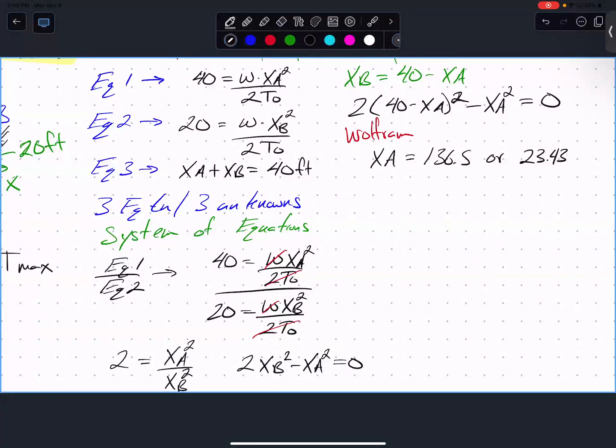I don't think you can take the square root. Can you do that? Is xa over xb, squared, the same thing as xa squared over xb squared? It is? Okay, so you could do that too then. I haven't tried it, but it sounds like it should work.